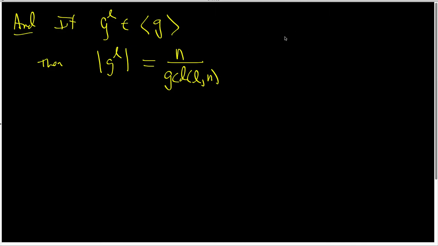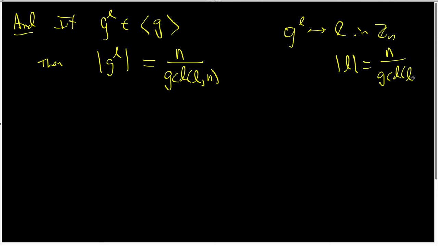And this is because g to the l is going to correspond to l in my Zn group. And I know that the order of l is equal to n divided by the GCD of l and n from the previous video.